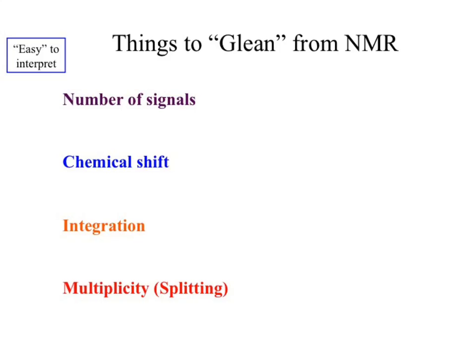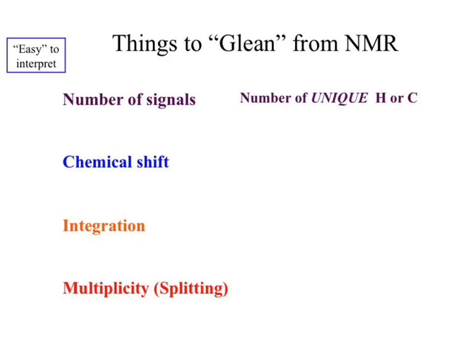Okay, so big things to get from NMR, in order of difficulty. Top, number of signals. How many signals do you see? The number of signals now tells you how many different types of hydrogen or carbon you have. So that's kind of a nice system. We can get it if we look at hydrogen NMR and we see 5 signals.